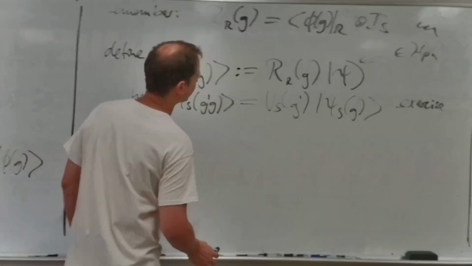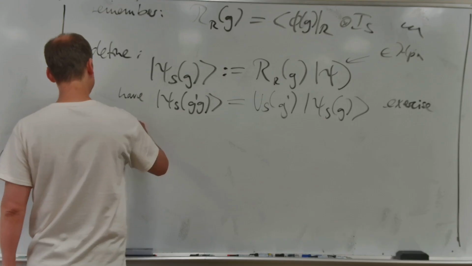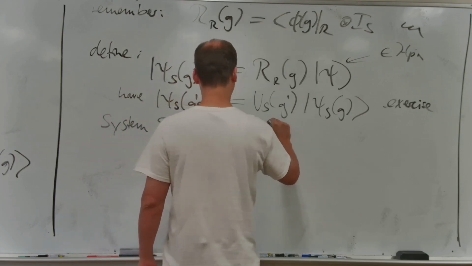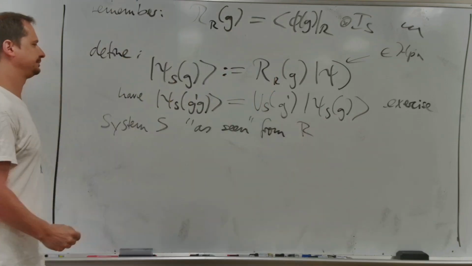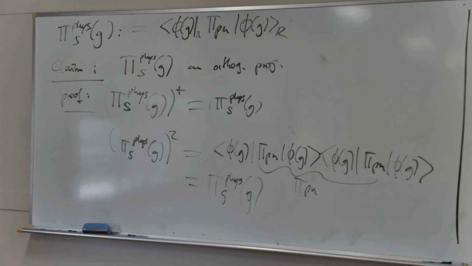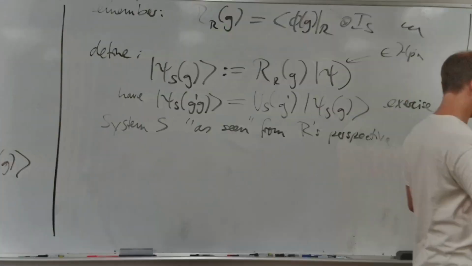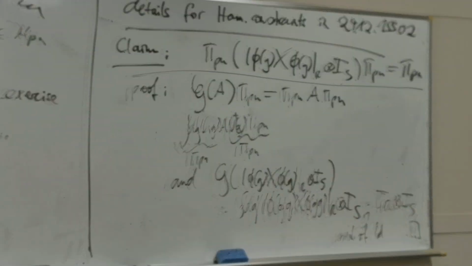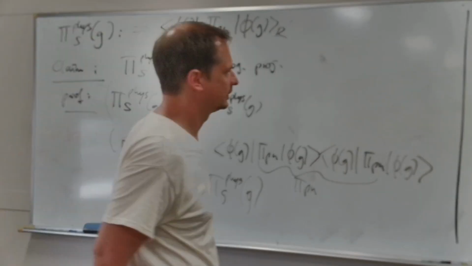Now another thing is, this here is the system S, sort of as seen from R's perspective. And the reason I'm interested in this projector will become clear now, because it is the projector onto the subspace of the kinematical system Hilbert space that's consistent with gauge invariance.